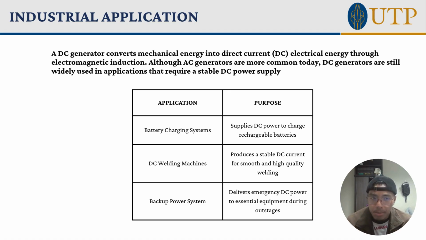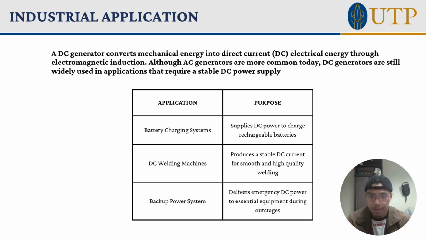As shown in the table, DC generators are commonly used for battery charging, DC welding machines, and also backup power systems. In each application we use DC generators because they provide a very reliable and continuous direct current for their specific purpose.